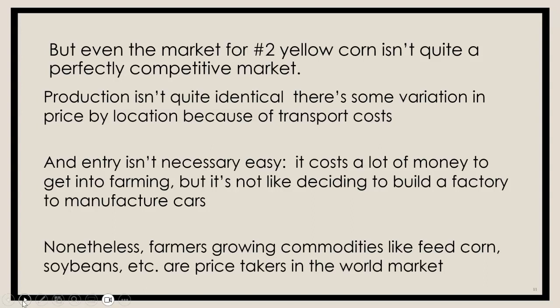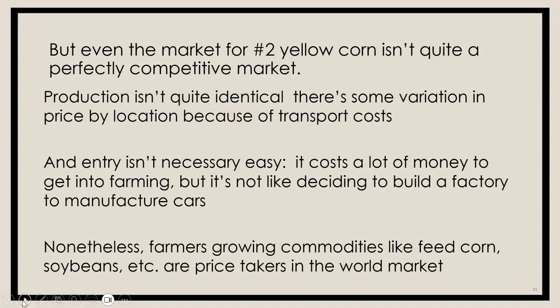However, compared to other industries, like say building automobiles in a factory, it's easier to get into farming than it is to get into the automobile industry. You can ask Elon Musk about that. So entry isn't perfectly easy in the number 2 yellow corn market, but it comes pretty close to our requirement for being in perfect competition.